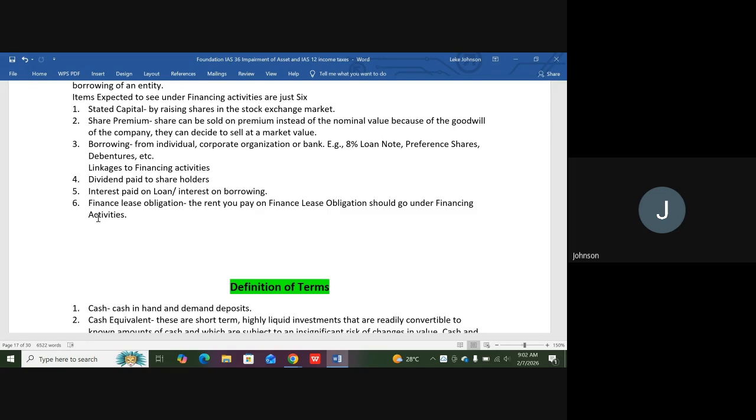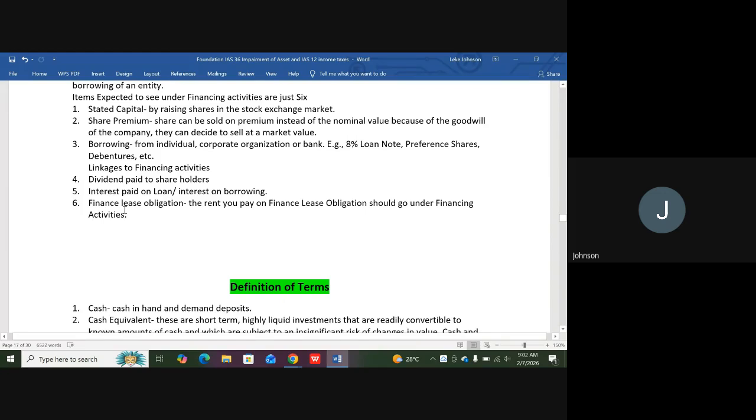You're using the asset, and in exchange you pay consideration to the owner of the asset. You can decide to lease a building, for instance, for like 20 years. So that finance lease obligation you have on that property is also something you must pay.